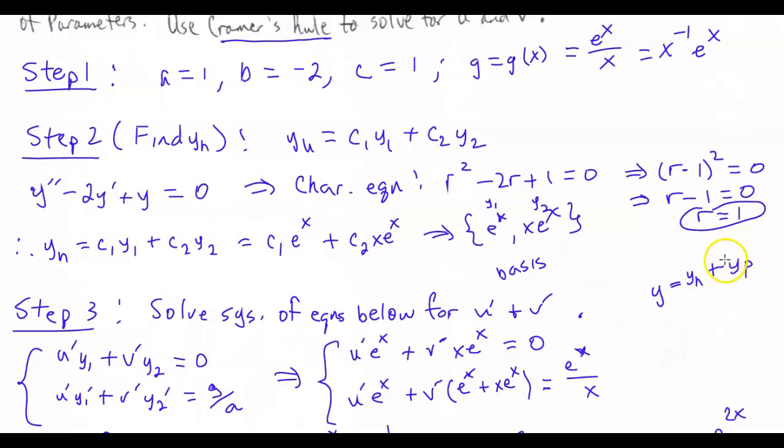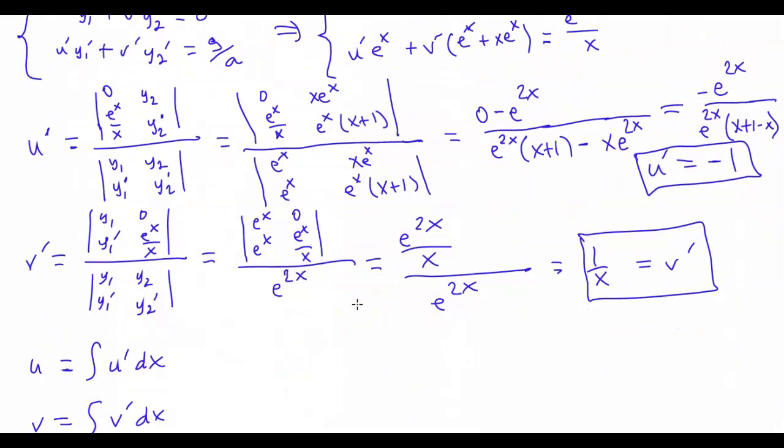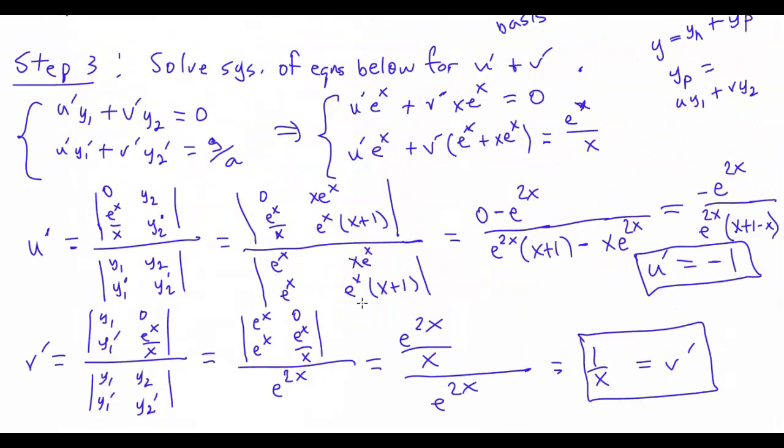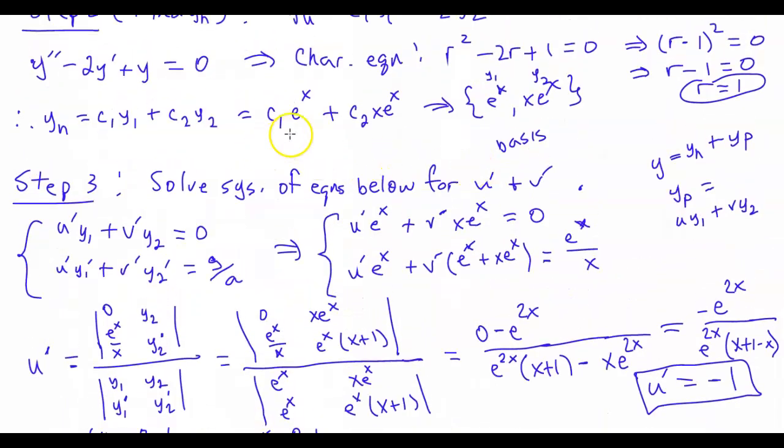And so in knowing that, we know that the y sub p part actually looks like this. Okay. So my point in saying all of that is we know what the homogeneous solution already looks like.